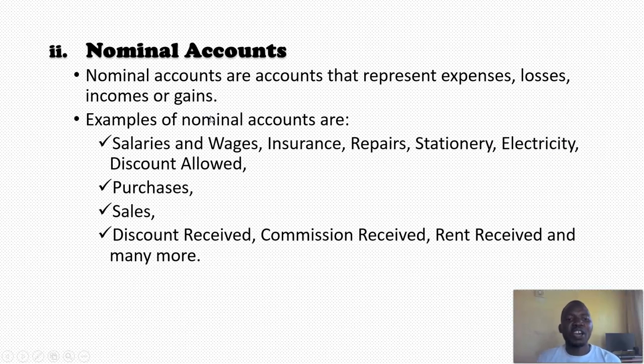Here we have accounts like salaries and wages, insurance, repairs, stationery, electricity, purchases, sales, discount received, commission received, rent received, and many more. If you look at these examples very well, you discover that all of them can be grouped under expenses, losses, incomes, or gains, which simply means that they are all nominal accounts.